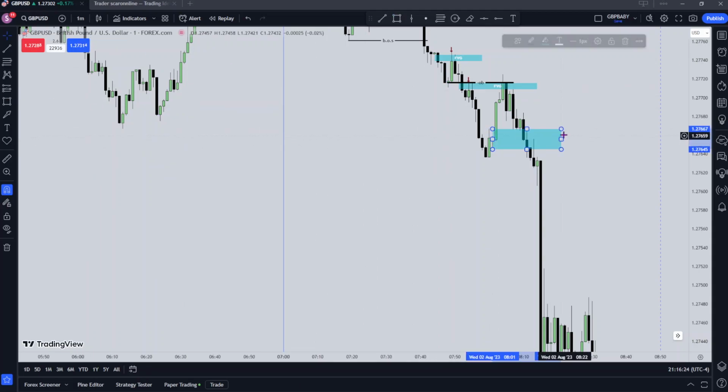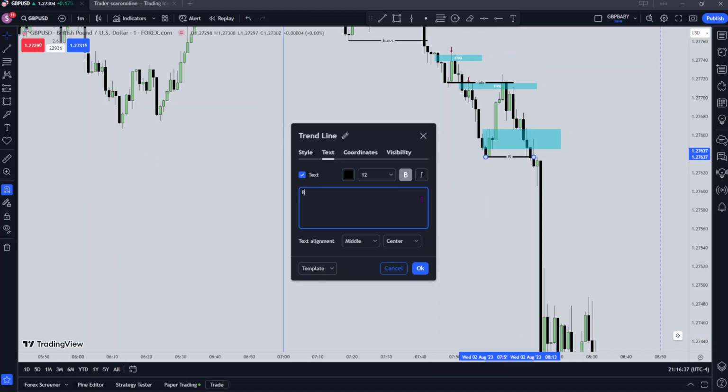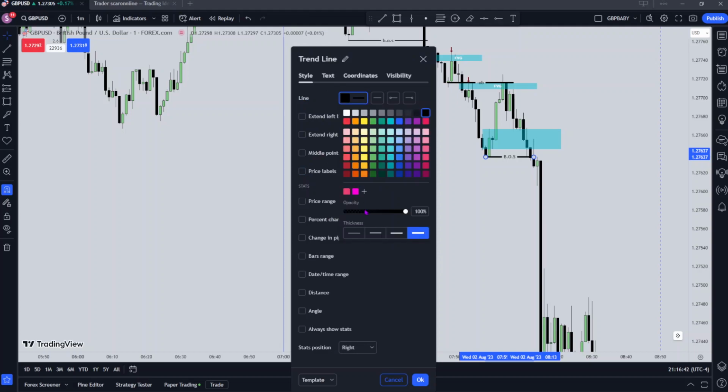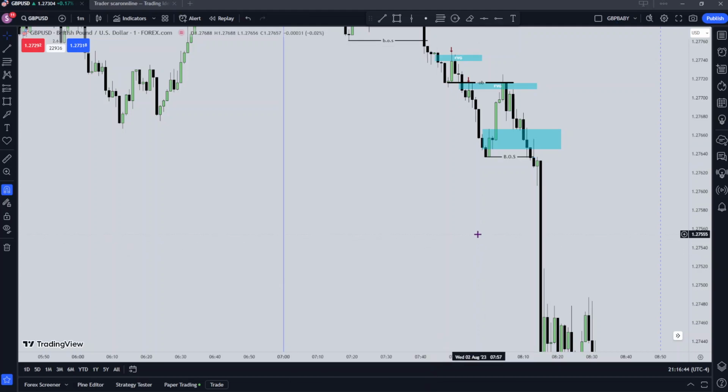I like the look of this. Low, high, low, high, low, high, high, and then we break. And then we come back and touch the 50% level off that little range.